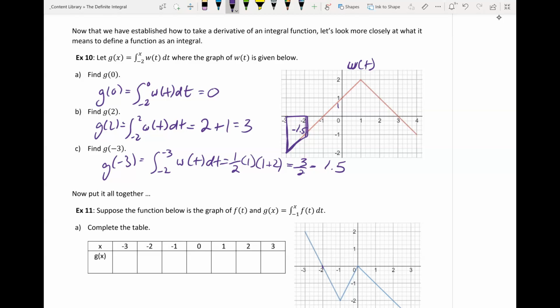Usually we go from lowest to highest, and from our properties we learned last time, this would be equivalent to negative the integral from -3 to -2 of w(t) dt. Okay, so actually this whole area will be negative times negative 1.5, which is positive 1.5. So this would overall be positive.